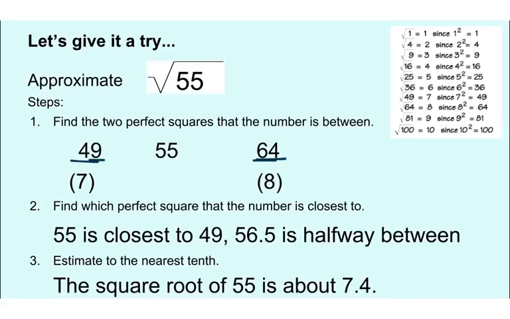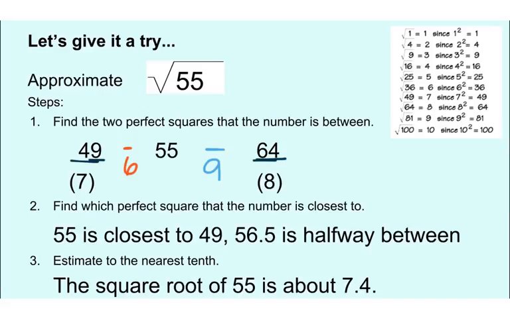So my next step is to find which perfect square the number is closest to. Okay, so I look at the difference between 49 and 55, and that's 6. And I look at the difference between 55 and 64, and I know that that's 9. So when I look at it, I know that 55 is the closest to 49, or the perfect square 7.